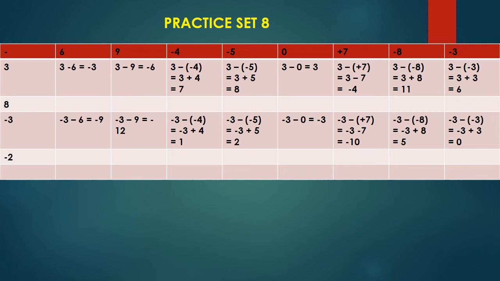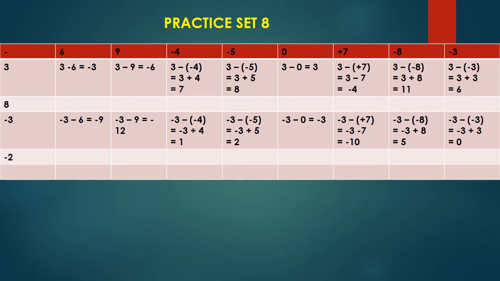So 3 minus 7 is equal to minus 4, and we give the larger integer's sign. The larger number is 7 and it has a negative sign, a minus sign, so the answer will also have a minus sign.